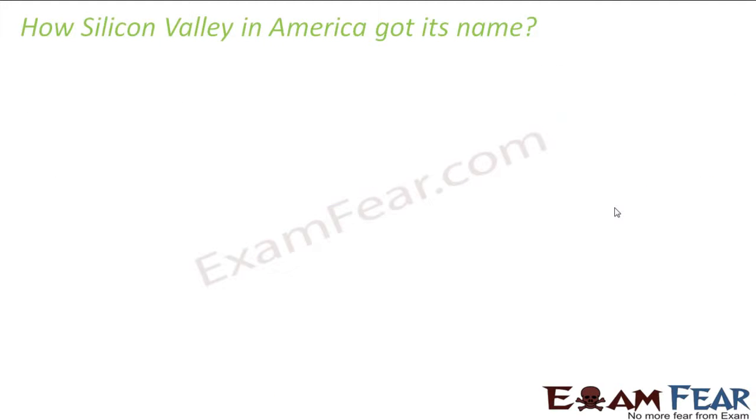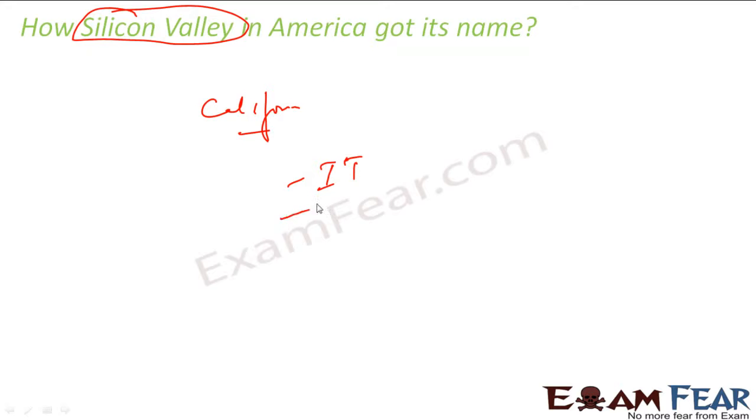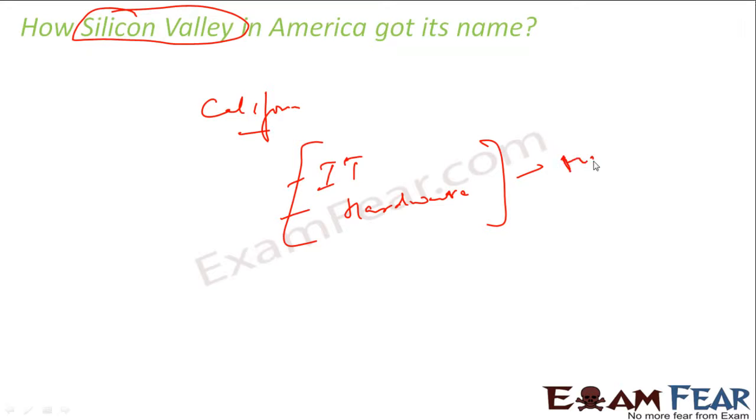The next question is a good one. How did Silicon Valley in the US get its name? You must have heard this term. All the good companies, Microsoft, Google, Yahoo, Intel, are in Silicon Valley. How did it get this name? Because in that particular area in California, all these IT and hardware companies are located, and they need one thing to run: the microprocessor, which is made of silicon.